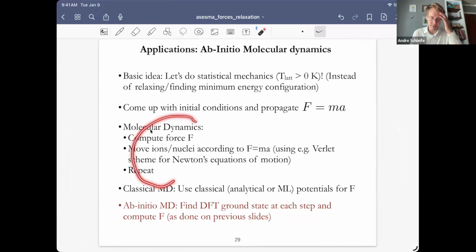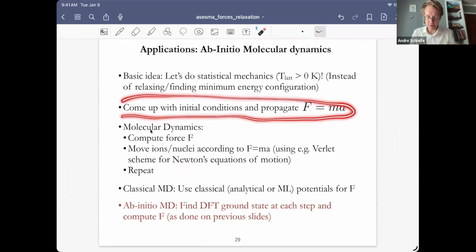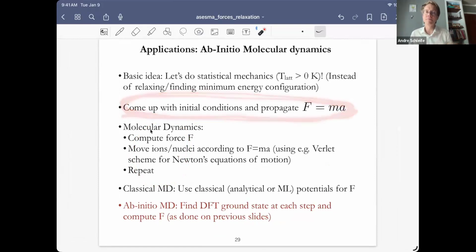Here, molecular dynamics. If you want temperature, if your lattice, the ions are at a certain temperature, you can do that. What you combine that with is we solve F equals ma, just like a molecular dynamics code. So you use DFT to compute the force, and then you solve F equals ma, and you do a molecular dynamics code with that. You can do that absolutely.